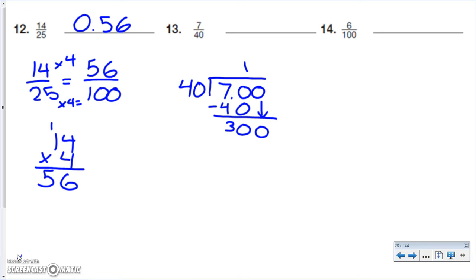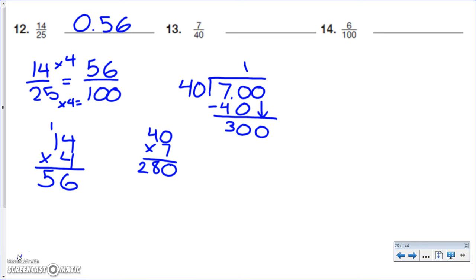Then we have to figure out how many times 40 can go into 300. We know 4 goes into 37 times, so 40 might go into 307 times. So let's do the multiplication and check. So we get 280. That's as close as we can get without going over.